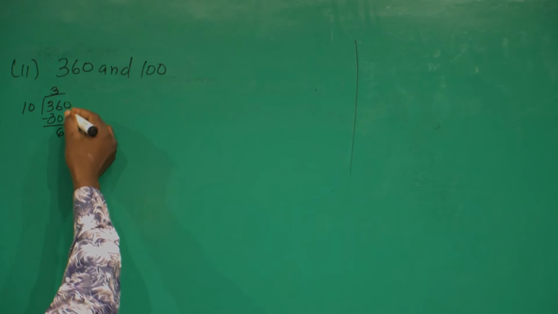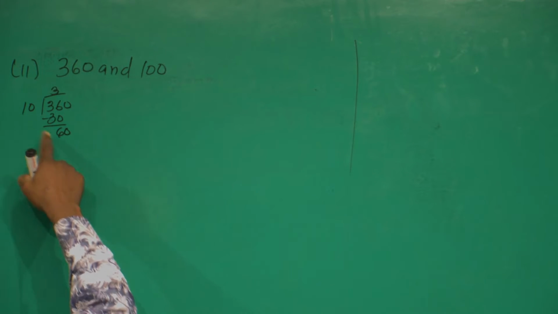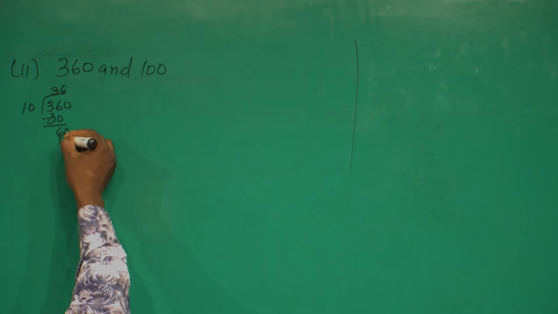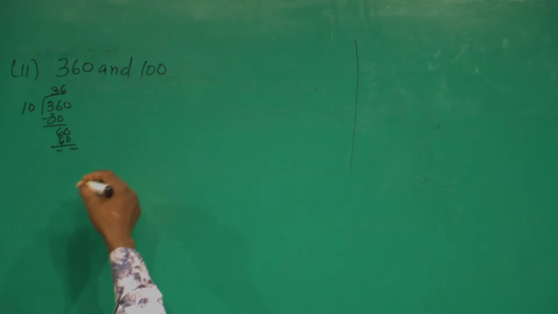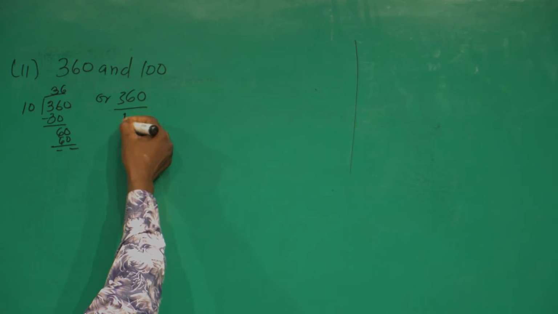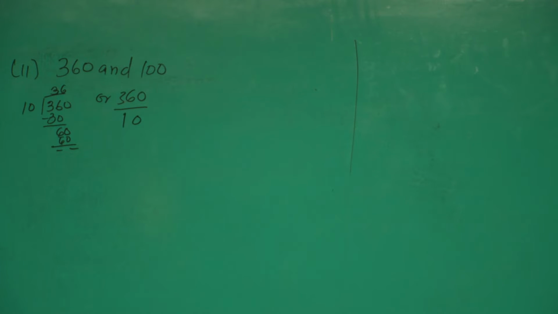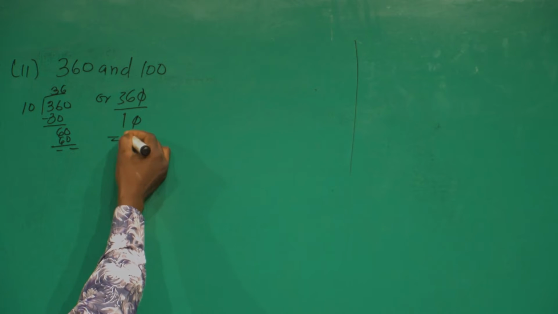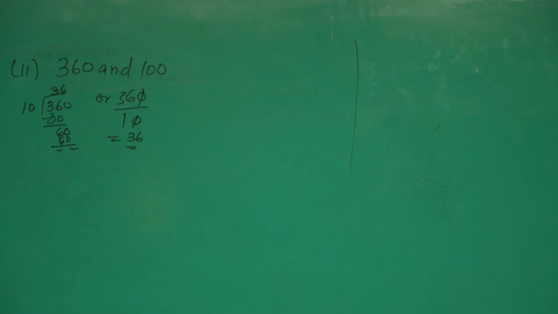Subtract, you get 6. Then bring down 0. Then 10 goes into 60 how many times? 6 times, 60. So 36. Or 360 divided by 10: 0 cancels 0, and 36 over 1 is 36. But for the 100, 10 times 10 is 100.